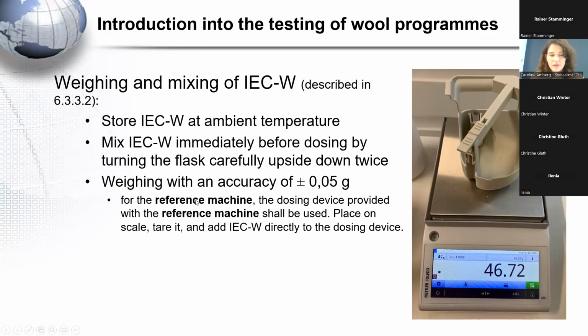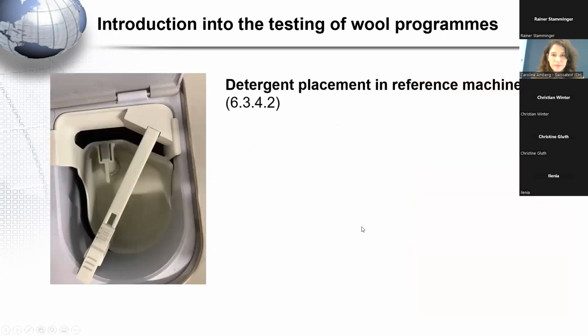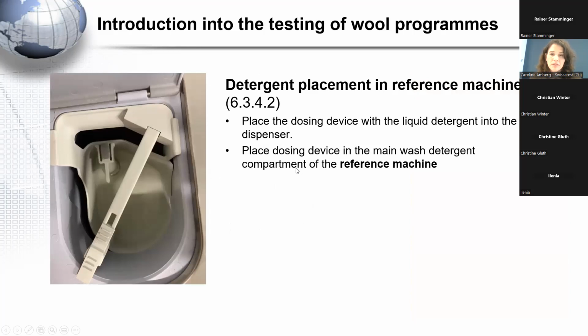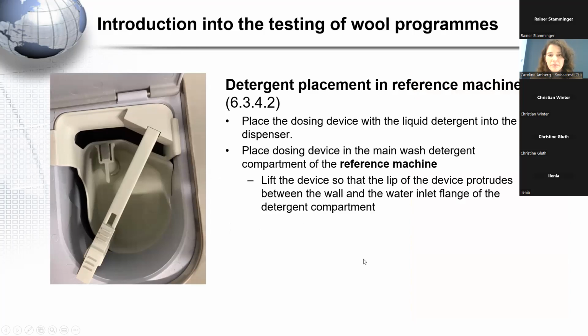For the reference machine, you use this kind of dosing device, so it's easy to apply. You just take it out, put it on the scale, then tare it and add this standard wool detergent directly inside this dosing device. Then you put it in the main wash detergent compartment of the reference machine, and you fix it with this part.